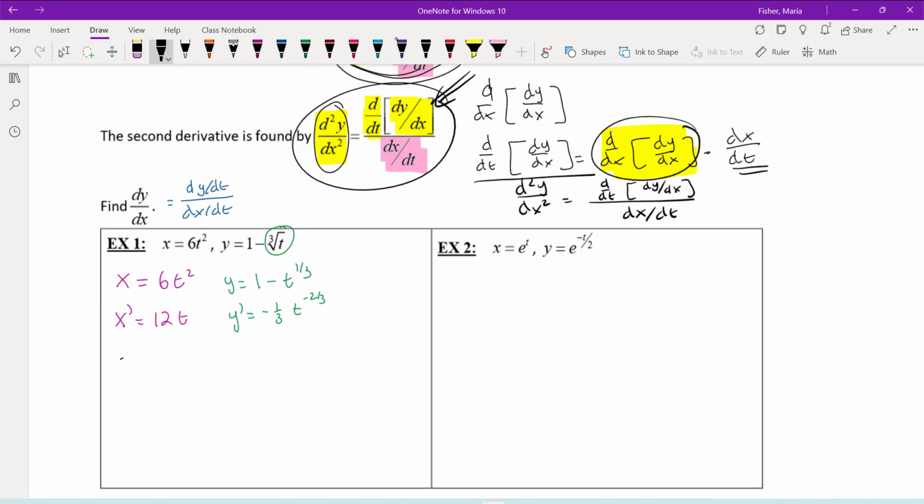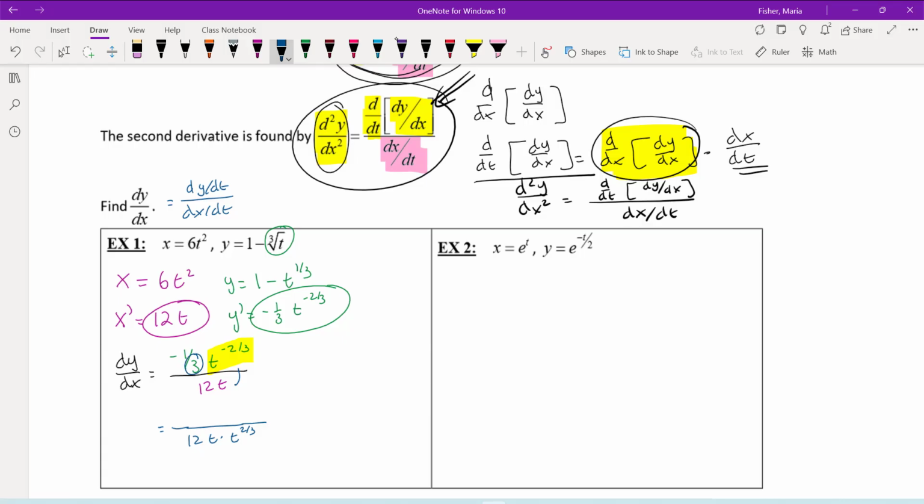Therefore, we know that dy/dx is going to equal dy/dt, this negative 1/3 t to the negative 2/3, divided by 12t. Cleaning this up, this is a negative exponent. Moving it to the bottom, I would have 12t times t to the 2/3, and we'll combine that in a second.